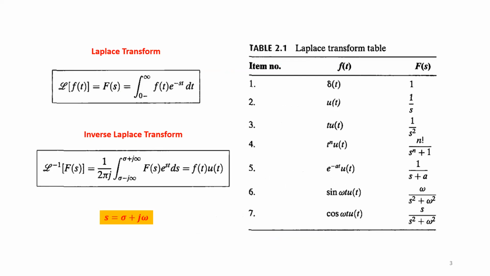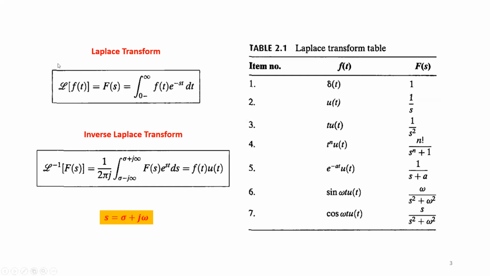Another term comes here. Look at that, that is a Laplace transform table. You have to remember this one. I think you have studied the Laplace transform in previous courses, right? In signals and systems and in DSP.